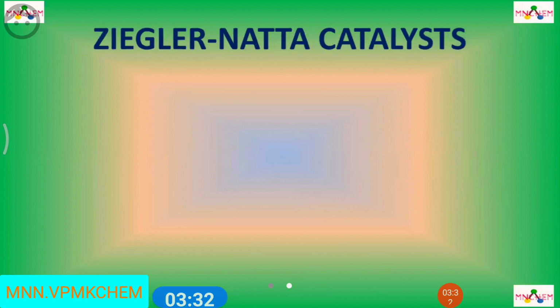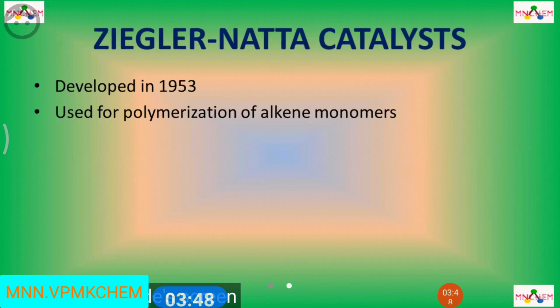Now we are going to discuss how these stereoregular polymers are synthesized. For that, an important catalyst is used, known as the Ziegler-Natta catalyst. It was developed in 1953, particularly used for the polymerization of alkene monomers. So alkenes and their derivatives can be polymerized using this Ziegler-Natta catalyst.